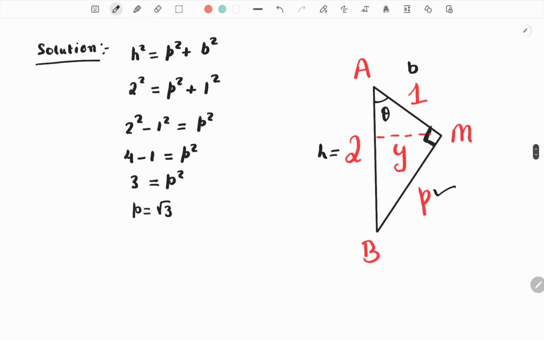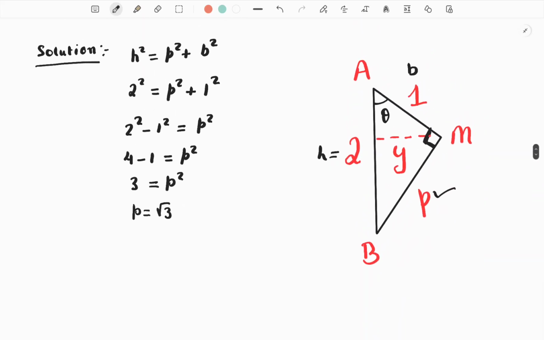So from this diagram, this y is the length of the perpendicular drawn from the vertex M to the hypotenuse AB. Therefore, the formula for the length of the perpendicular drawn from the vertex to the hypotenuse is y equal P multiply B divided by H. So P in our case is root 3 and B is 1, H is 2.